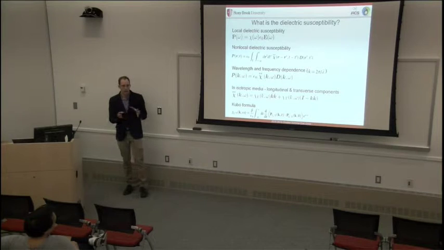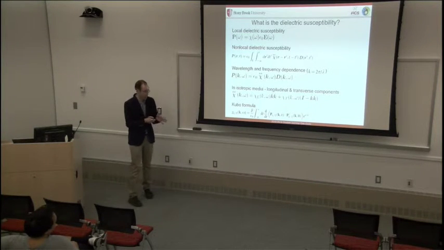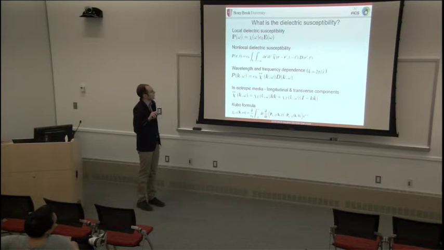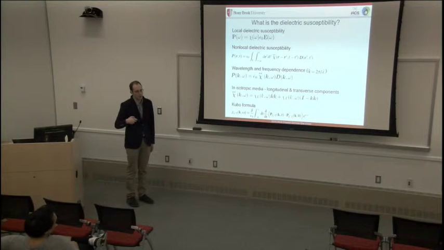But when you have correlations in the material, then you can get a non-local response, which means that the polarization response at a point R depends not just on the electric field at that point, but also on the electric field of surrounding points. So that's why you integrate here over the electric field at different points, R prime.